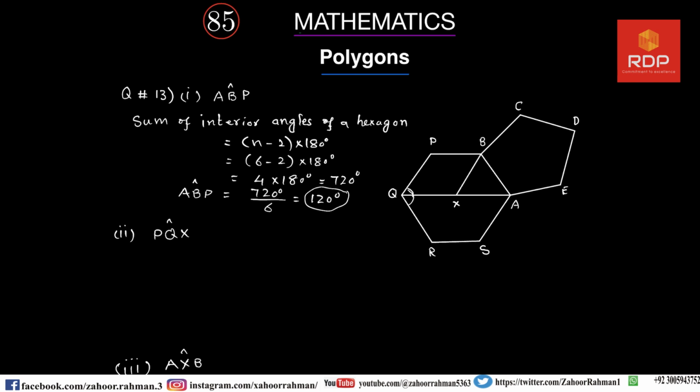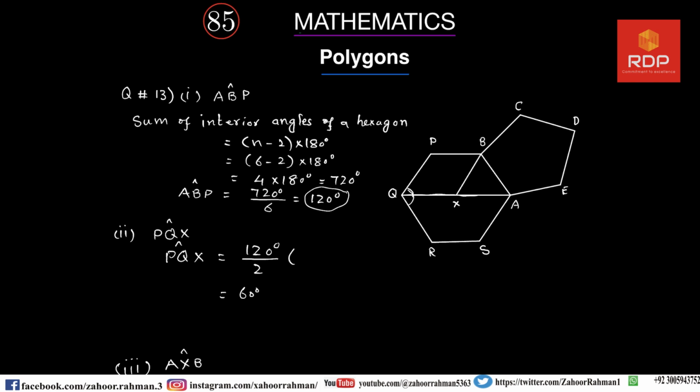So we divide that 120 by 2, because this line is dividing that angle into two equal parts. We will write that PQX is equal to 120 degrees divided by 2, which is equal to 60 degrees.